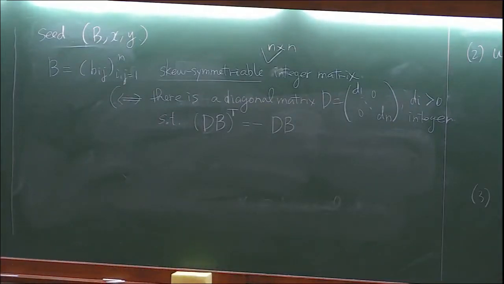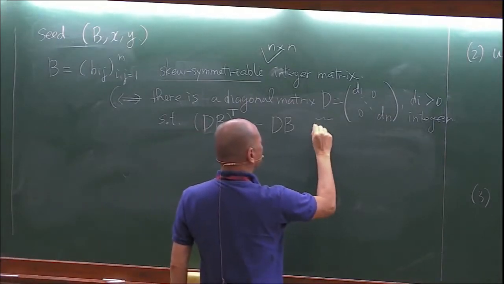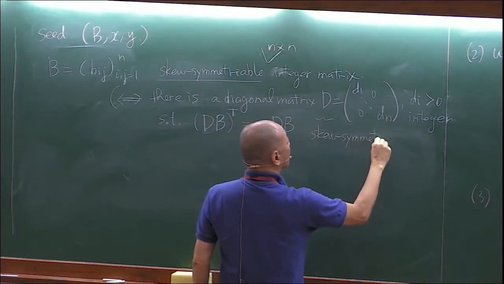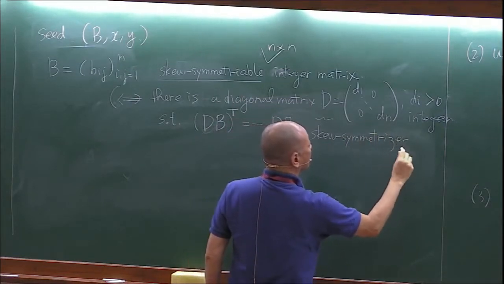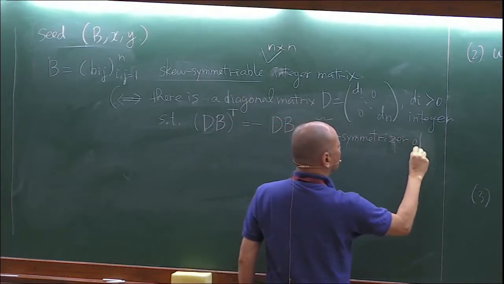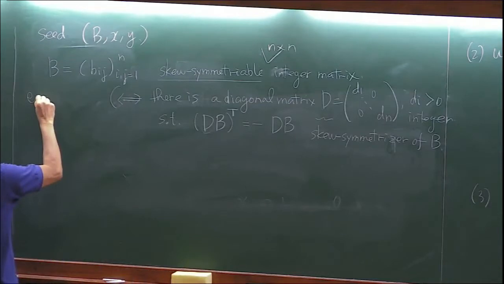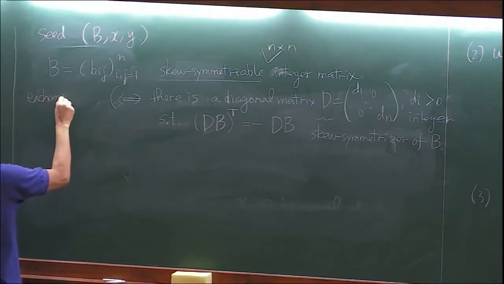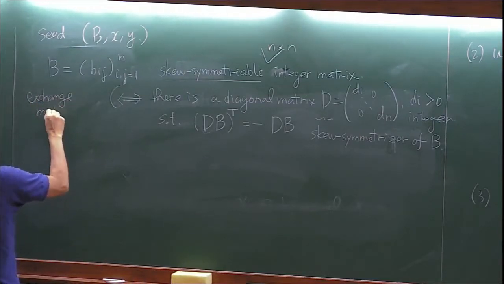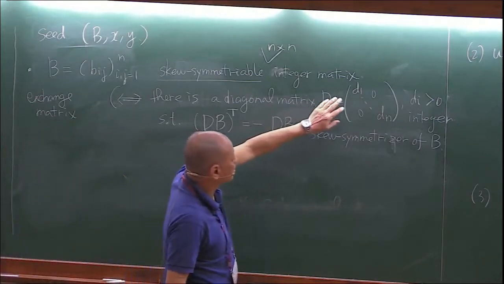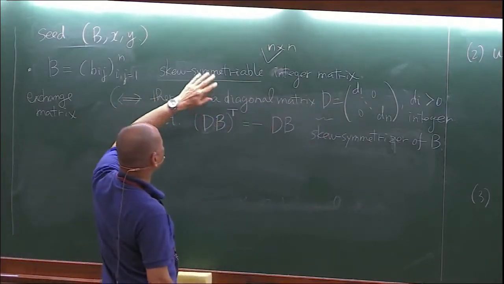And this D is called the skew-symmetrizer of B. And this B itself is called the exchange matrix of the seed. In the simplest situation, B itself is already skew-symmetric.